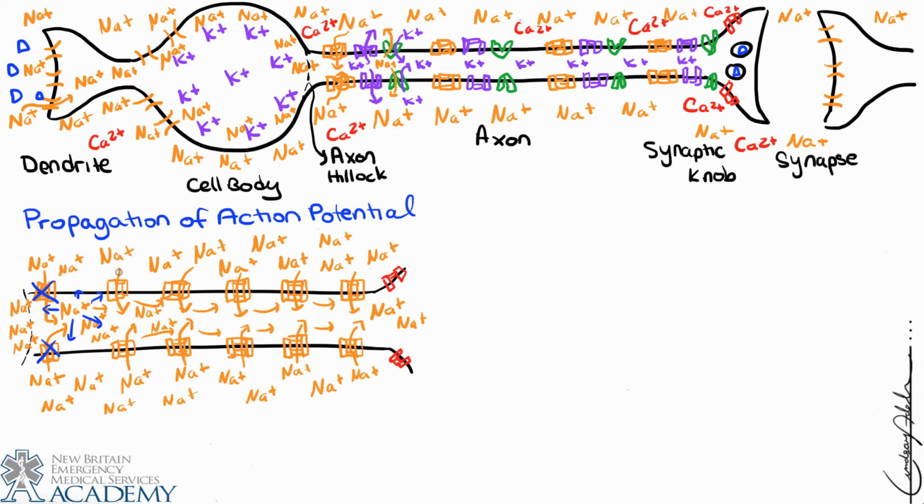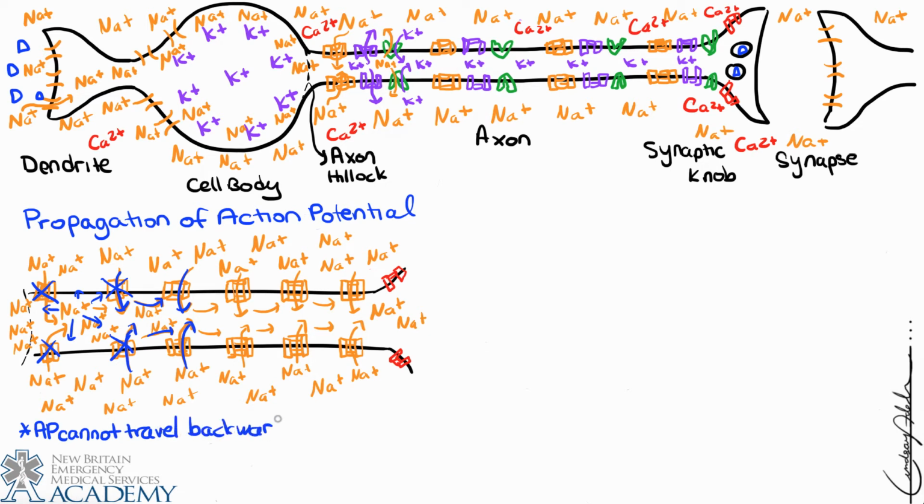So as the potassium is moving out in association with that first segment of the axon, the second set of sodium channels are open and the sodium is rushing in. That sodium will create a local current to depolarize the next set of sodium channels, and then as the sodium rushes in that next set, the second segment of sodium channels are in their absolute refractory period, and the potassium is also leaving the cell.